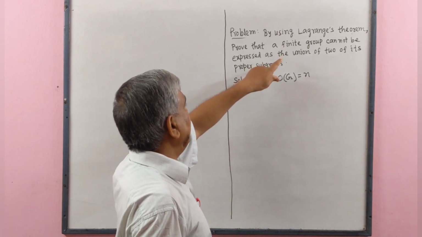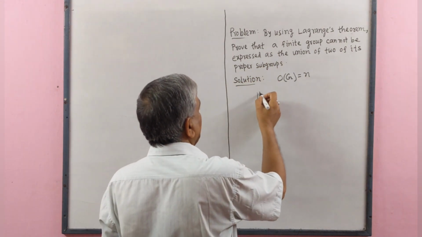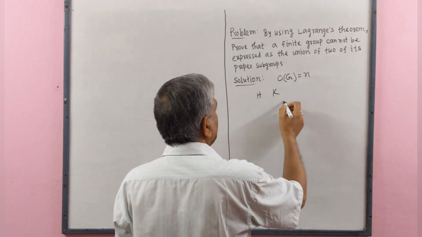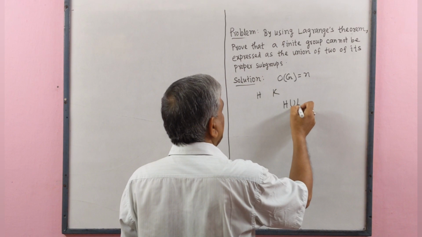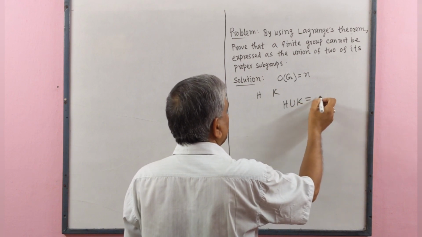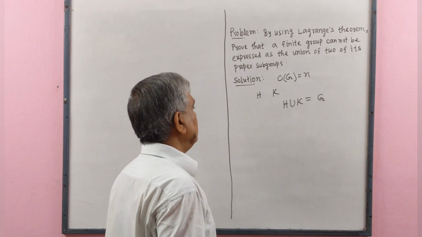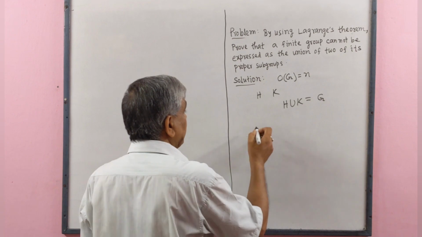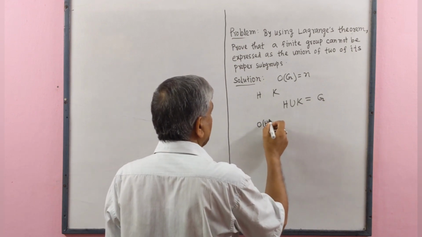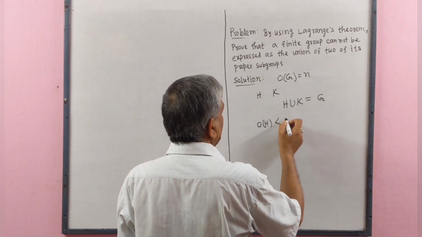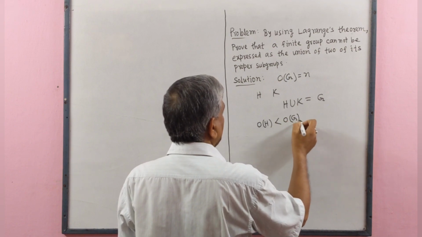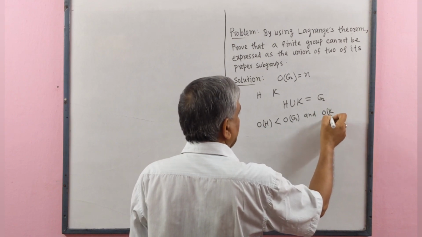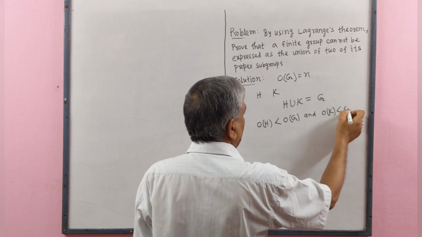Let H and K be two proper subgroups of G such that H union K equals G. Since H and K are proper subgroups of G, therefore order of H is less than order of G and order of K is less than order of G.